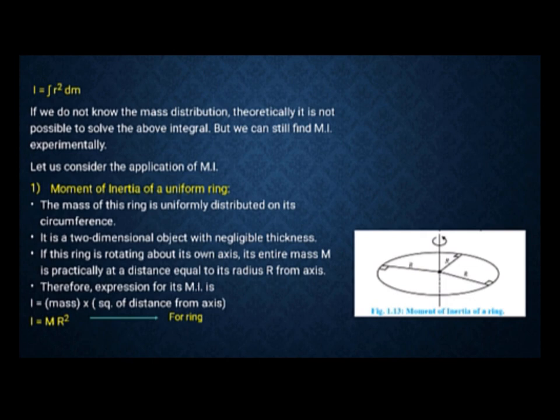We know the formula I is equal to the integration of r square dm. In a theoretical manner, if we do not know the mass of this object, then we are unable to calculate or solve this integral. But we can find it experimentally.